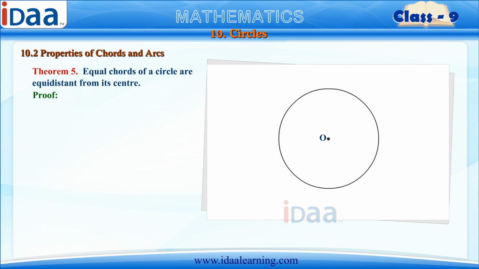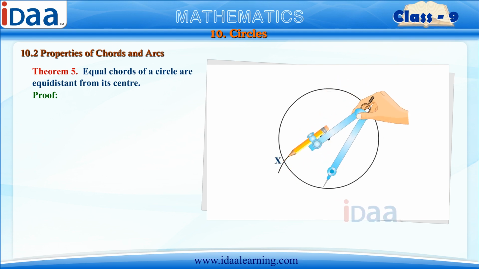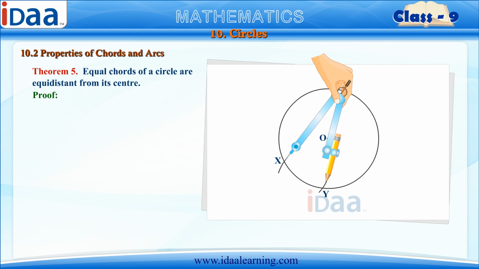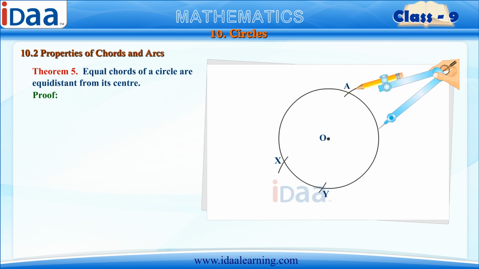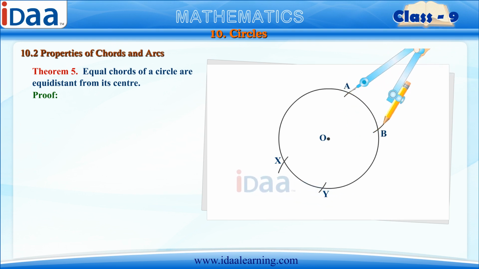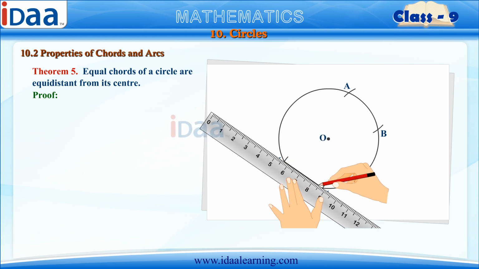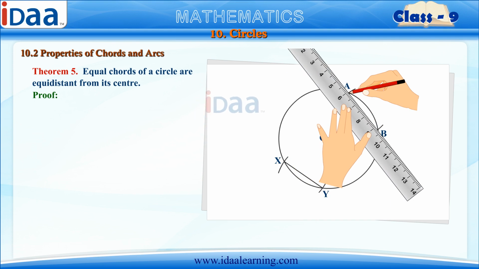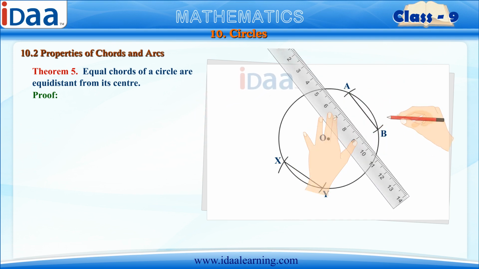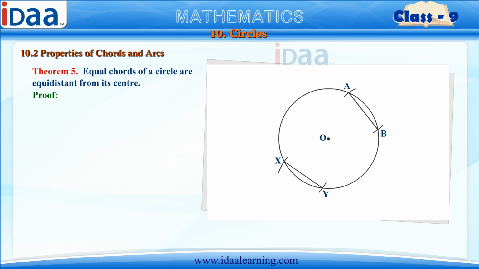Let AB and XY be any two equal chords of a circle with center O. Let OM be perpendicular to AB and ON be perpendicular to XY.